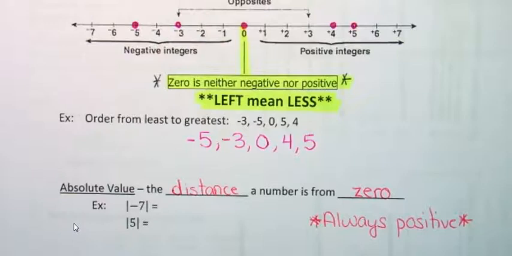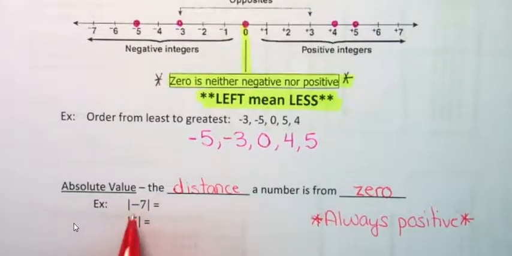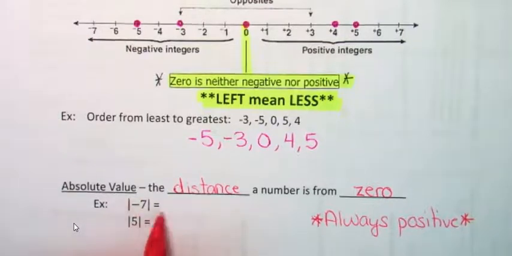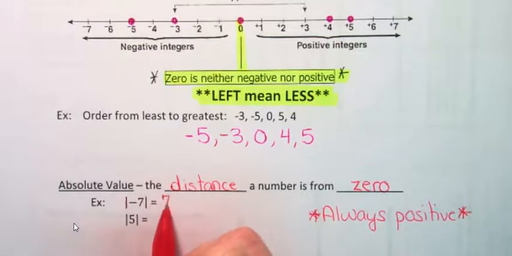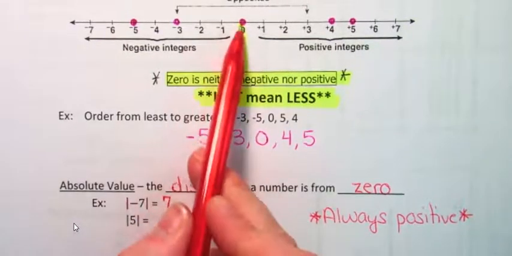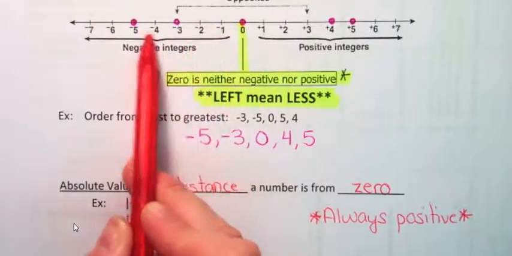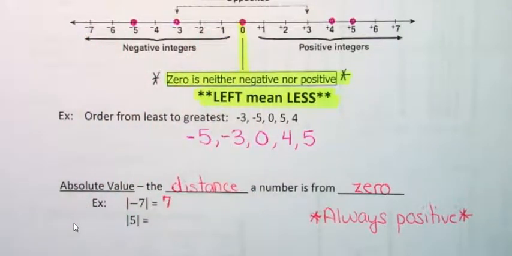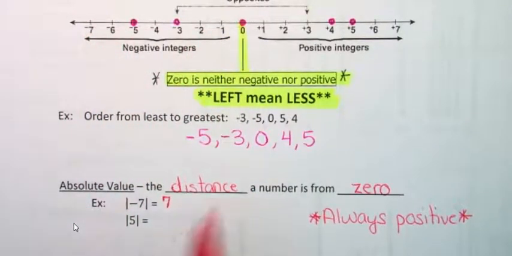So let's look at these two examples. -7, remember these two lines mean absolute value, so I would read this as the absolute value of -7 equals, well, we know it equals 7, because if we count it up here, 1, 2, 3, 4, 5, 6, 7, -7 is 7 away from 0. And these lines, once again, mean the absolute value of 5.